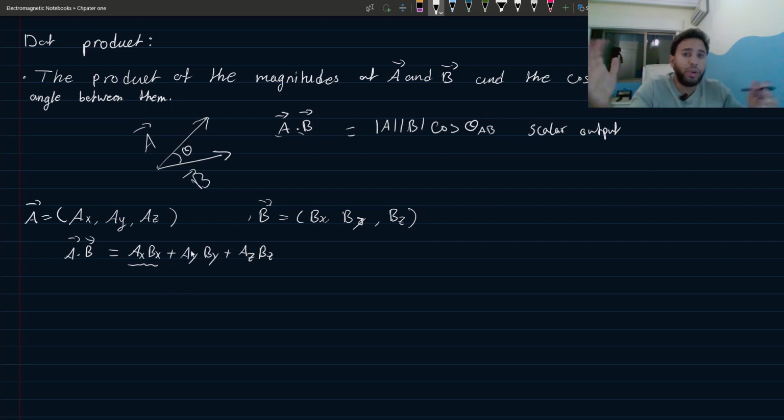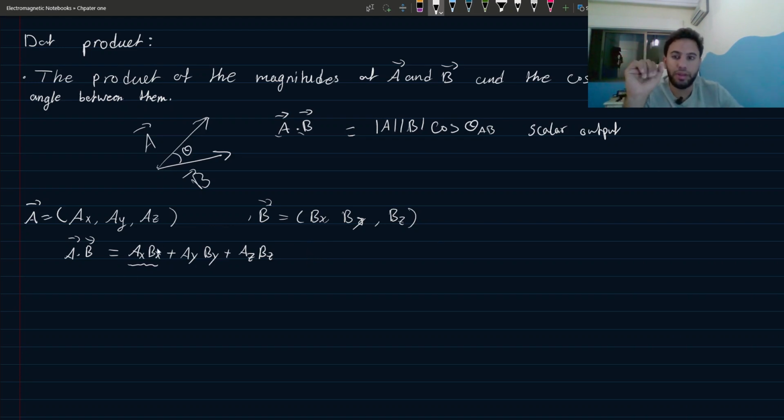As you can see, there are no unit vectors. So the answer will be added up together to a single scalar number, just magnitude, no direction.